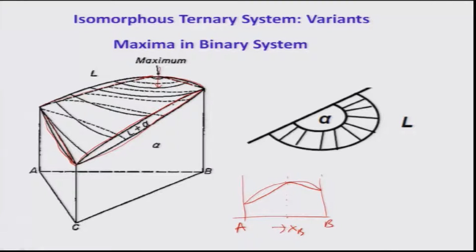And if I project it, this will be like this. You have alpha and then liquid, and this is alpha plus liquid. And these are the tie lines possible at a temperature. If I project these liquid and solid surfaces from the top, they will look like this. Now, this is one variation which is seen.